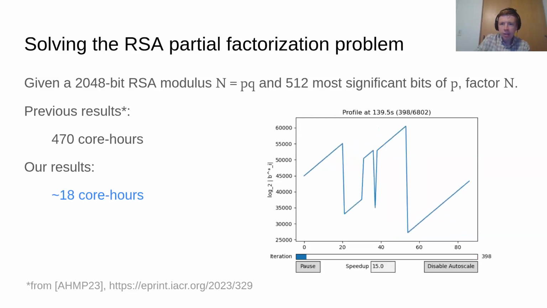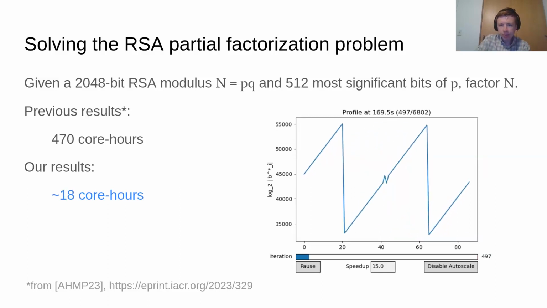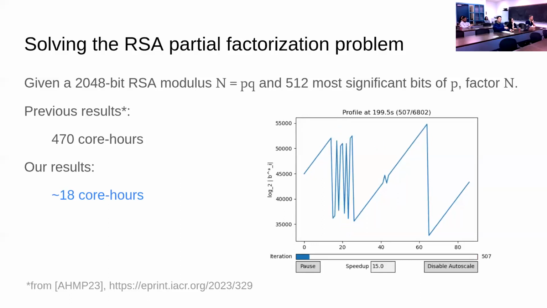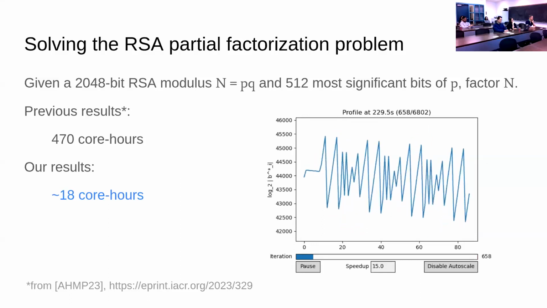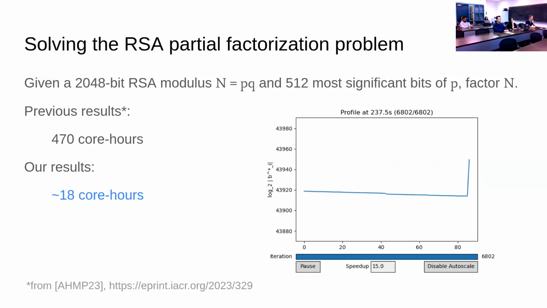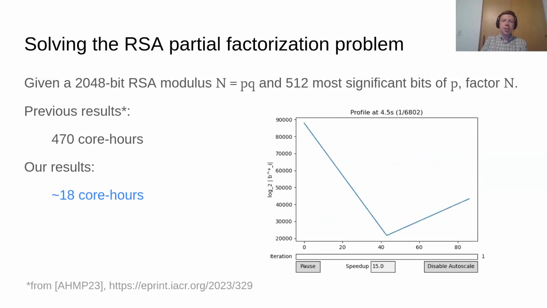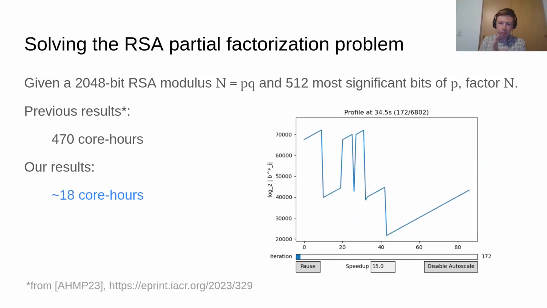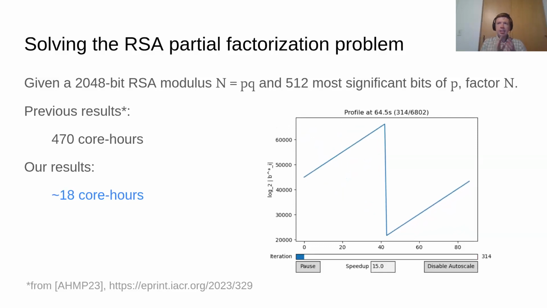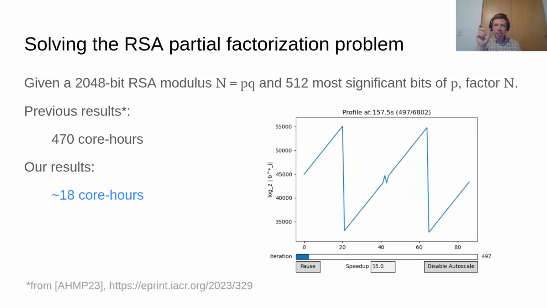Are there any questions with this one? Yeah, did you just show the first 80 dimensions here in this picture? That's exactly right. One of the things with this RSA partial factorization problem is that one of the parameters you can tune is the size of the lattice that you're reducing and the number of bits of precision that you brute force.